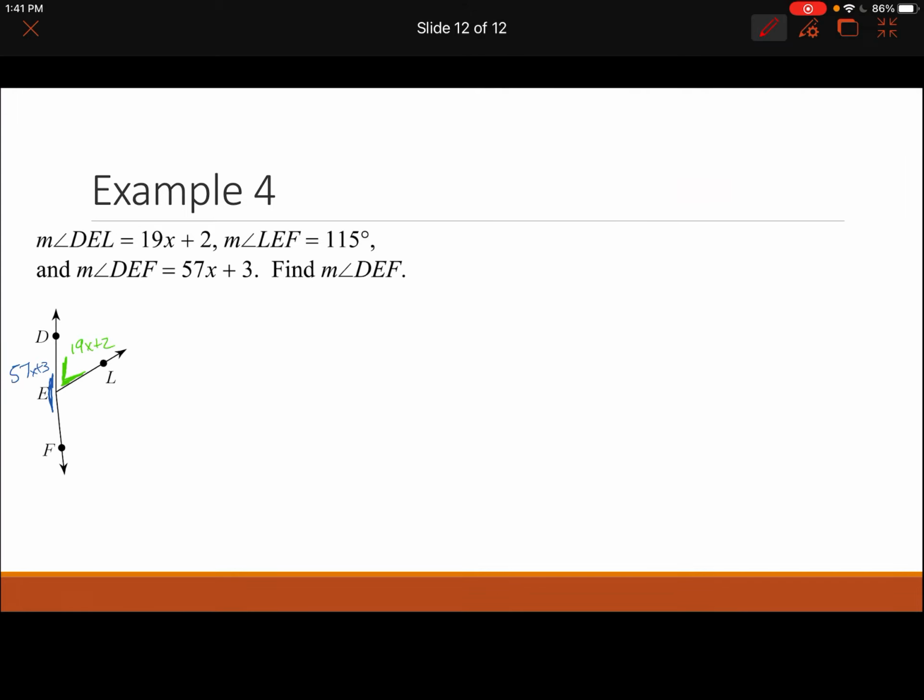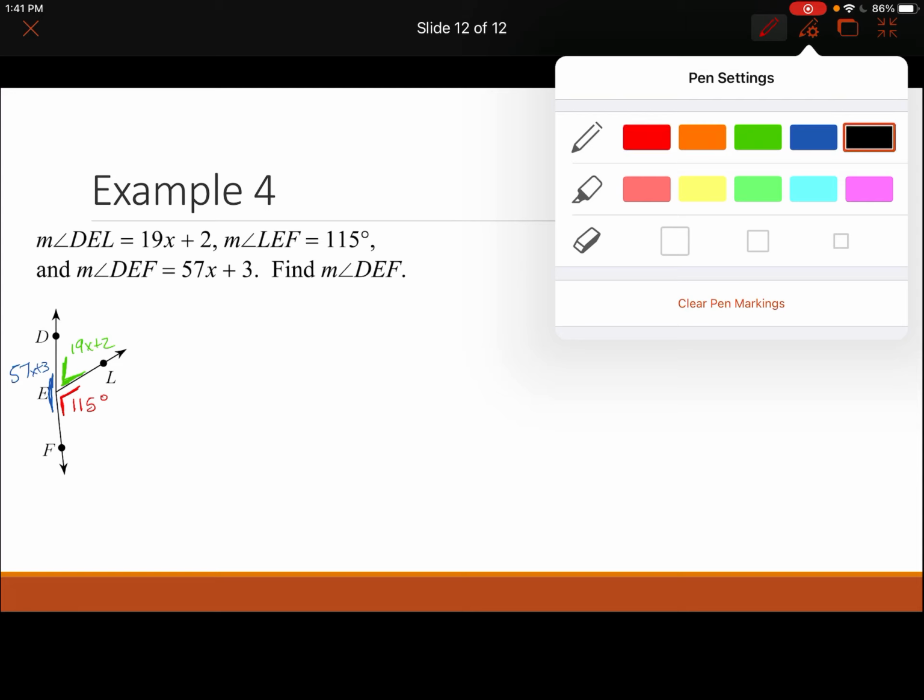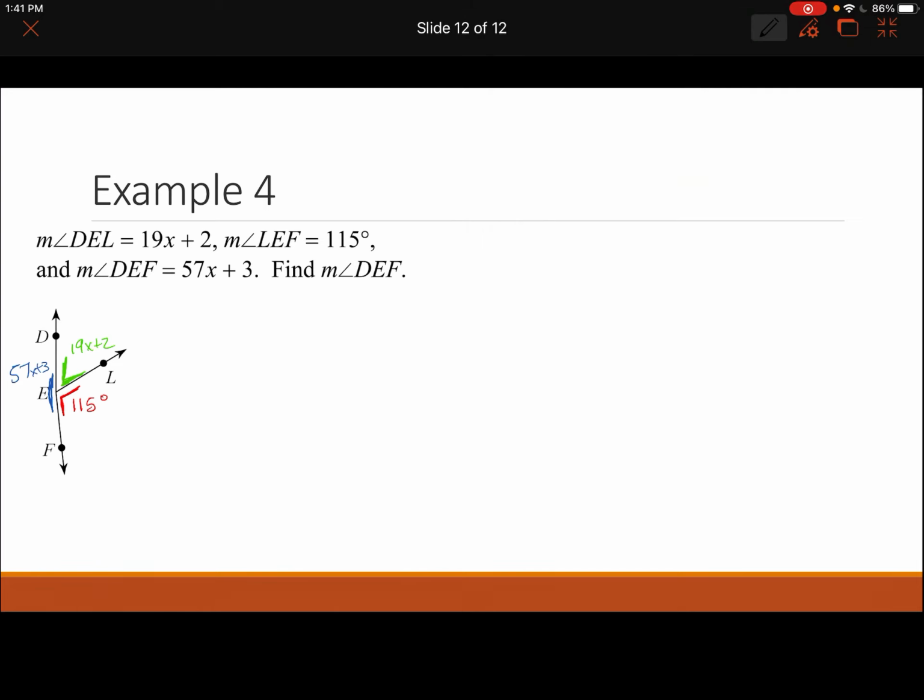And we have angle LEF, which is 115 degrees. And so now we can make our equation where we have the green and the red angle are going to add to be the blue angle. So 19x plus 2 plus 115 is equal to 57x plus 3.